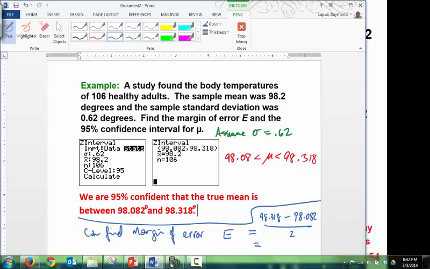And the margin of error should be pretty much like what they had before, which is 0.0, what is it? Zero what?